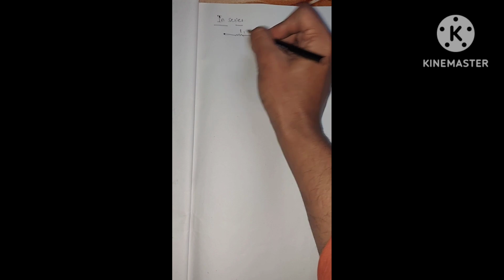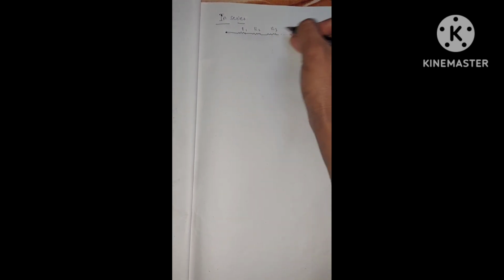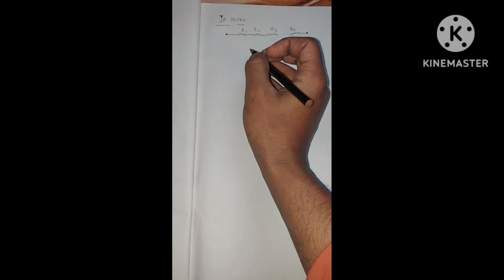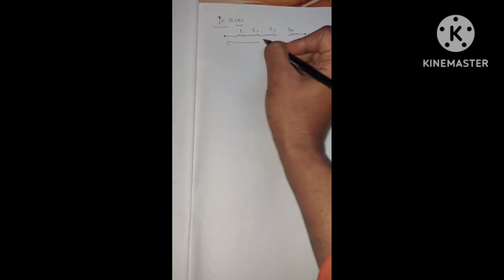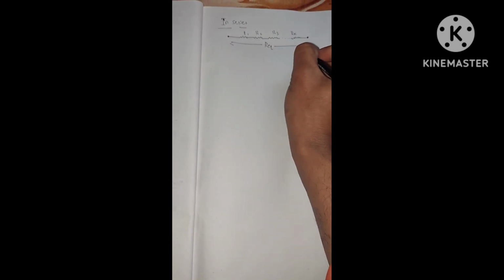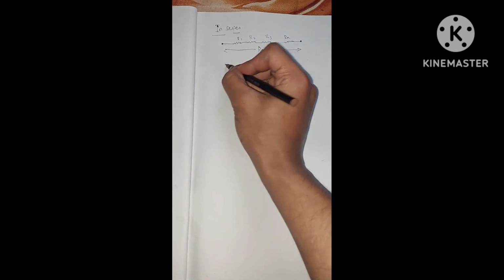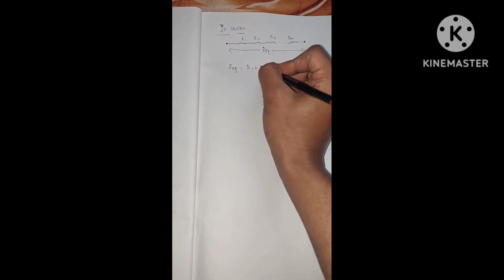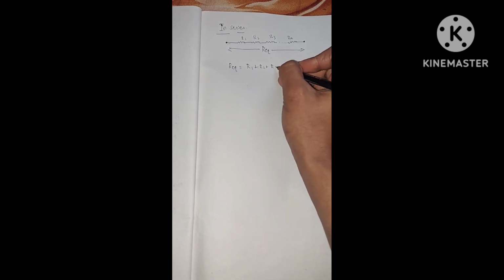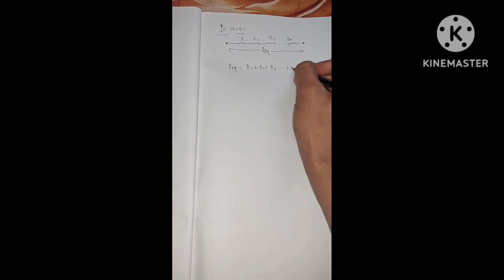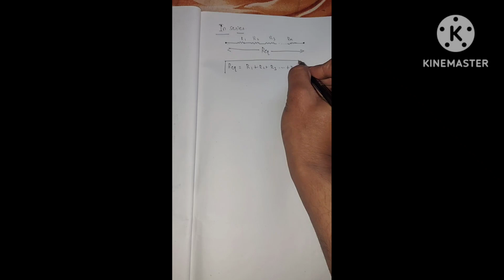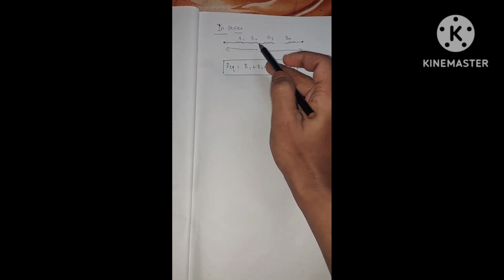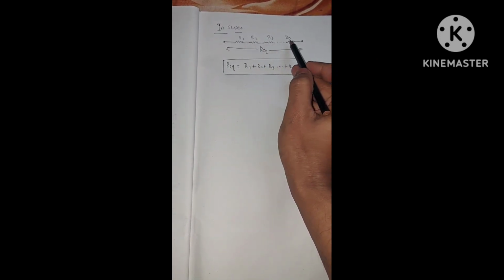I need to find the total equivalent resistance Req, that is the total resistance in this circuit. Okay, so what will be Req? Your total resistance in this circuit will be R1 plus R2 plus R3 dot plus Rn. So for the total resistance, we will just add all the resistances given in the series, R1, R2, R3.